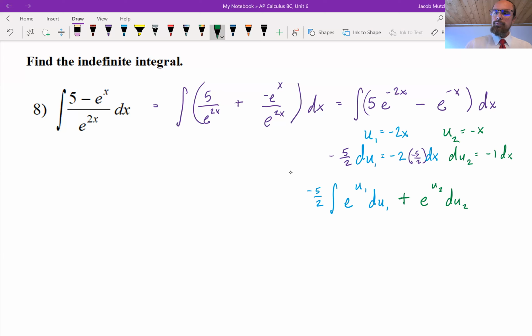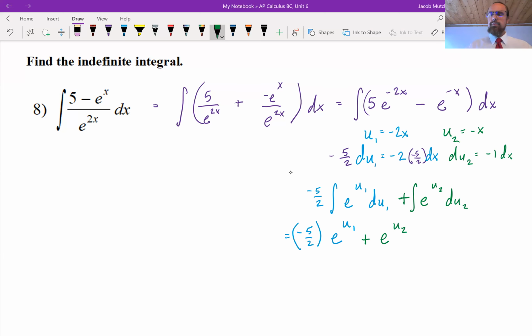In fact, I should put the integration there as well. So let's integrate that first term. So this is going to be negative 5 over 2. And then the integration of e to the u du is just e to the u sub 1. And same for my second integration. There's no factor there, so plus e to the power of u sub 2, and then plus c.